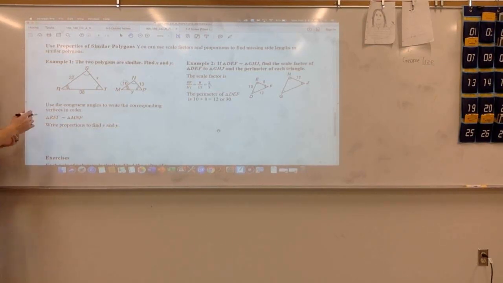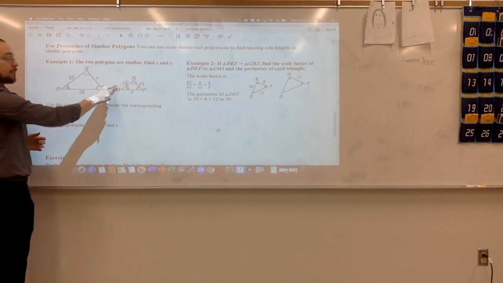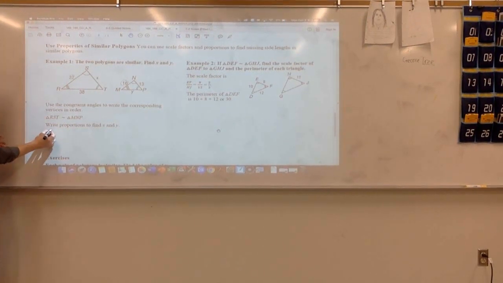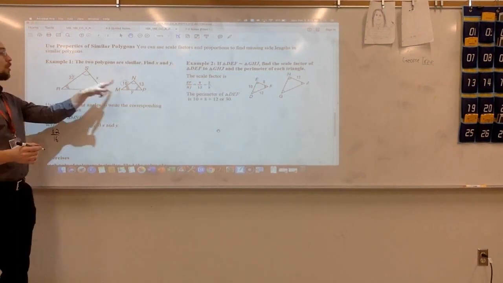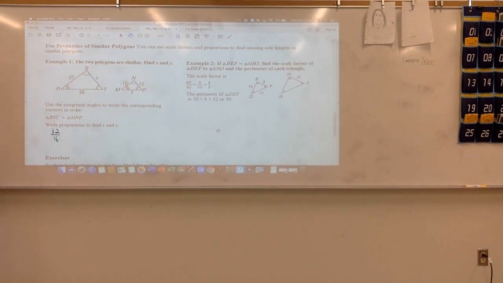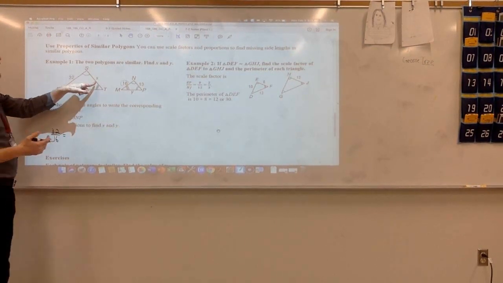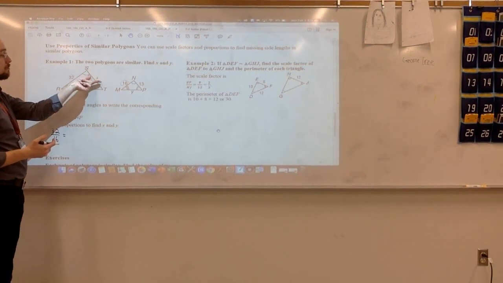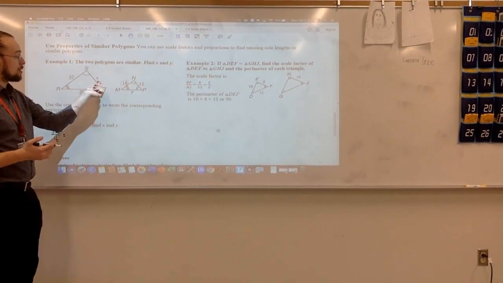So what I'm going to do, if I want to solve for x first, okay, I'm going to use this 32 over 16. I'm going to write that proportion. Okay, side RS over MN. And then I'm going to write another proportion that involves x. So the other one would be x over 13.